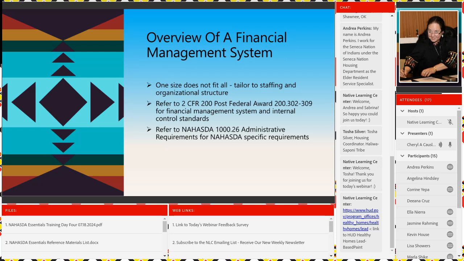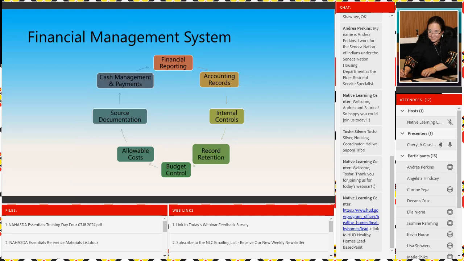Make sure that you refer to 2 CFR 200, the post-federal awards requirements found at sections 200.302 through 200.309 for financial management systems and internal control standards. You refer to NAHASDA 1026, the administrative requirements, for NAHASDA-specific requirements.